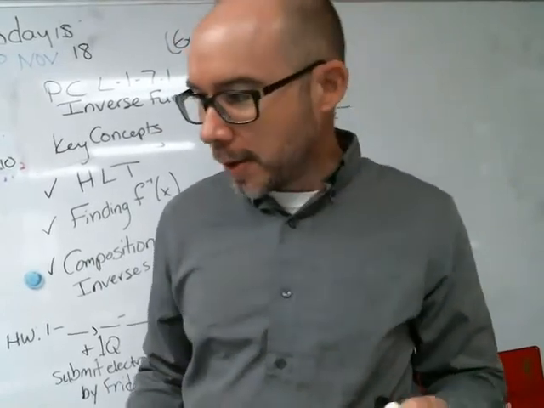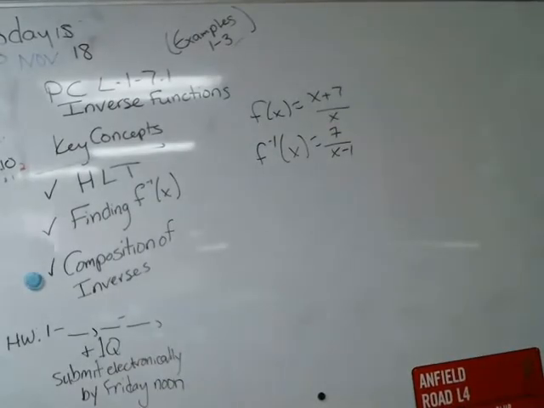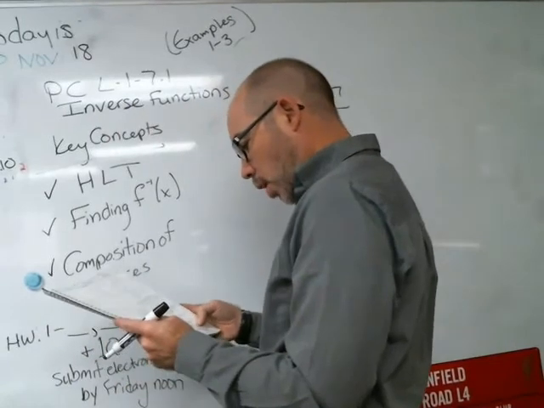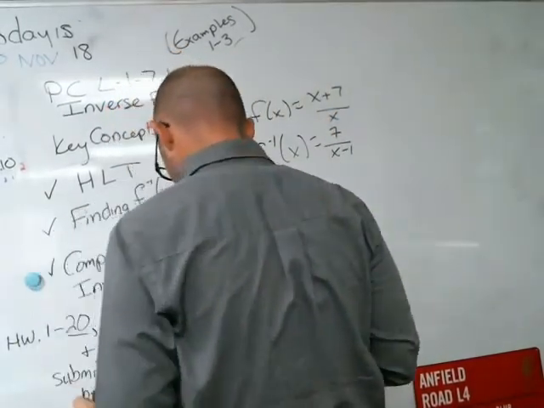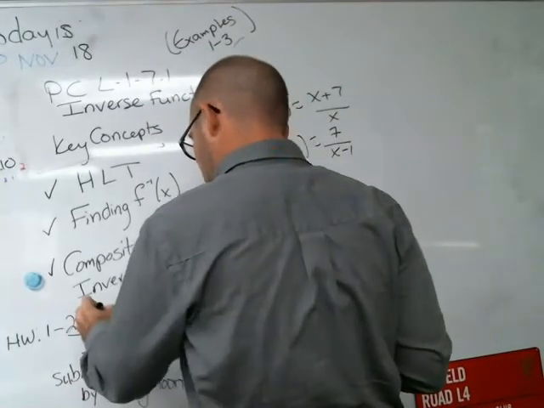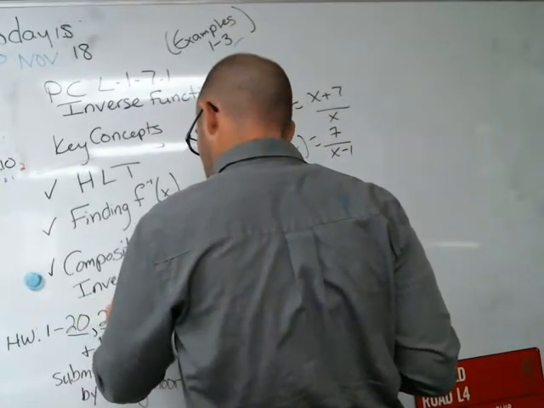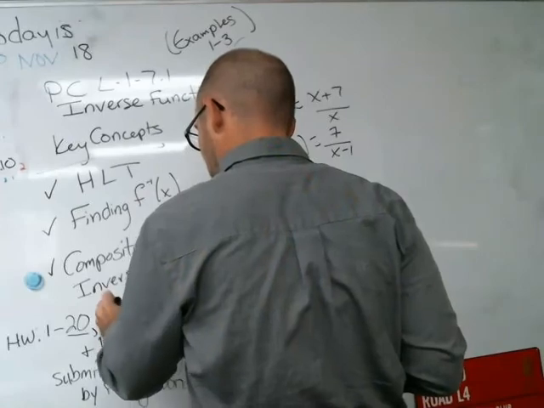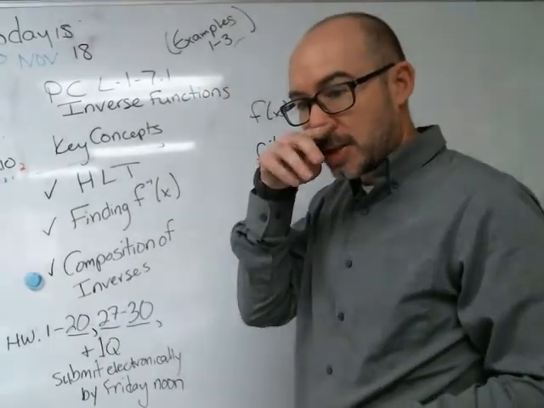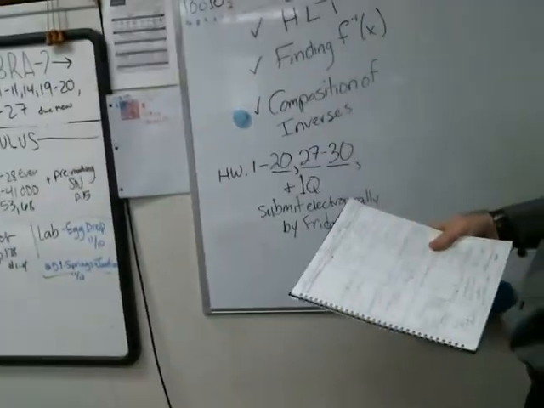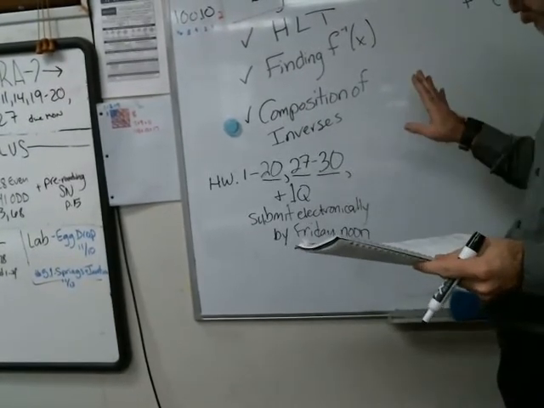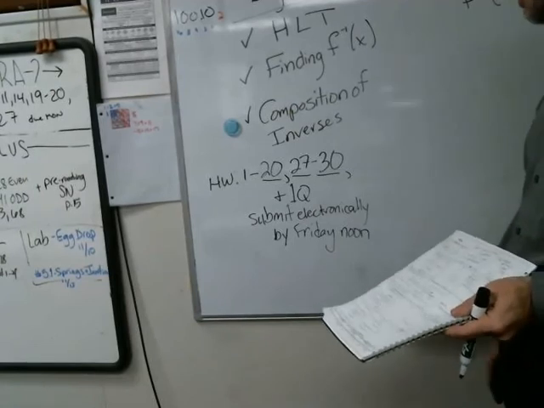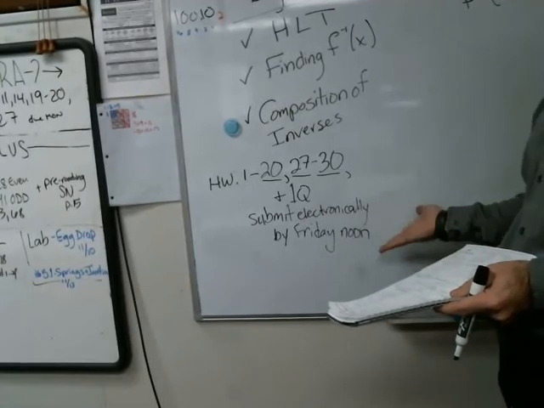Homework. That's the last thing I got to tell you. 1 through 20. Numbers 27 to 30. And then one brilliant question. You guys have been doing a good job on the questions thus far. Keep up the good work. It would be best if you could submit that somehow to me by Friday at noon.